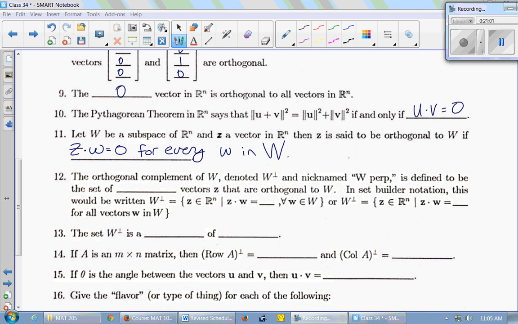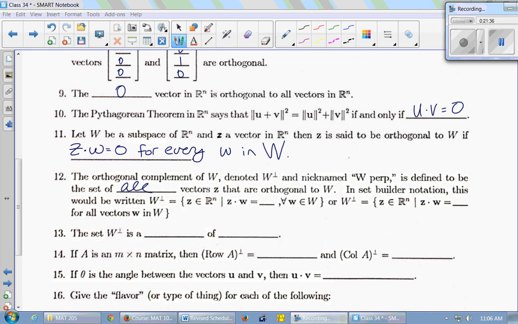Okay, so the orthogonal complement of W, which we denote W with a little perpendicular symbol, and we nickname it W perp, is defined to be the set of all vectors Z that are orthogonal to W. It's possible for a vector to be orthogonal to an entire vector space, and for more than one vector to be orthogonal to it.